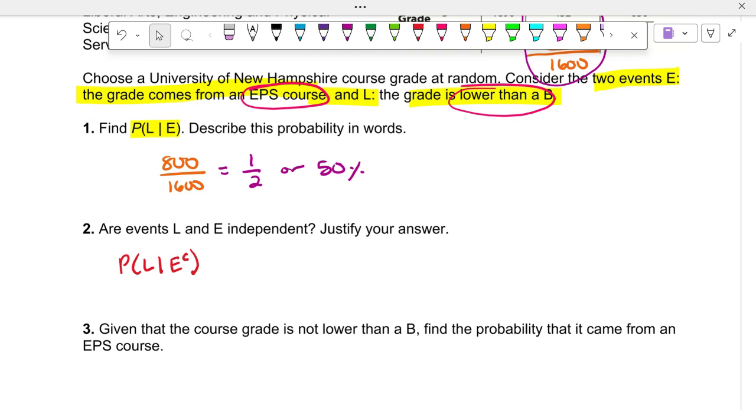Complement. So remember, complement means it's the opposite of E happening, or E doesn't happen. So you combine the other two and go that way. So total, how many people are in each? So what's the probability they get lower than a B, given that they're not taking an engineering physical science class? We're looking at the other people.